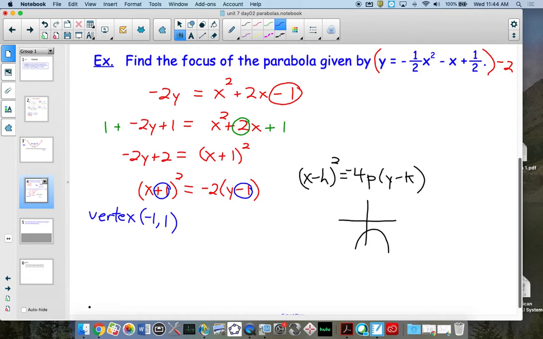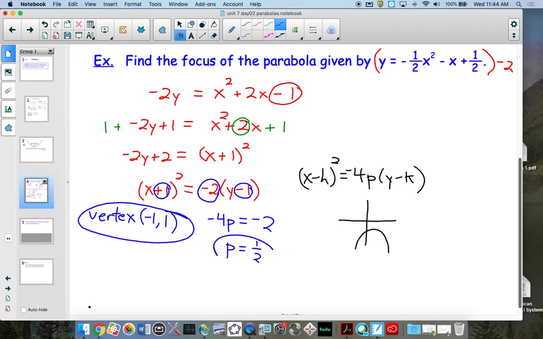And then -4p equals -2, by looking at that. So my vertex is at (-1, 1), and I know that p is equal to -2 divided by -4, or 1/2. So this is the information that I need.